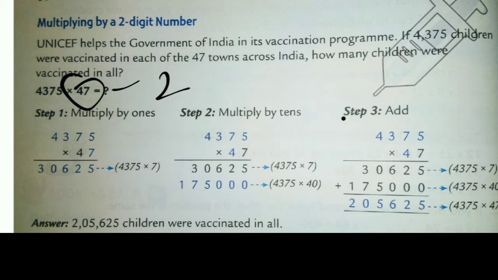So first we will multiply by ones, then whatever answer comes, then multiply by tens. Tens means you will do into 40. See, 4375 multiply by 40. After solving these two, you have to add. So the answer will come 205,625. Clear?